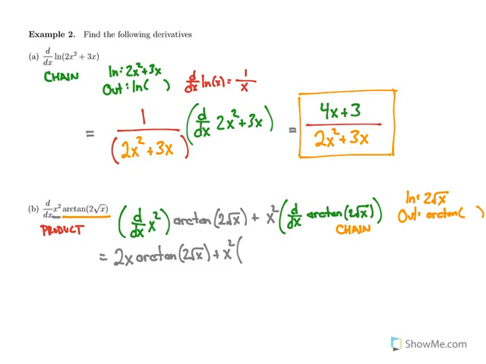So we need to find the derivative of the outside function, and note this is going to be 1 over 1 plus x squared. So we're going to have the derivative of the outside function, 1 over 1 plus something squared. We're going to leave the inside function alone, and we are going to multiply by the derivative of the inside function.